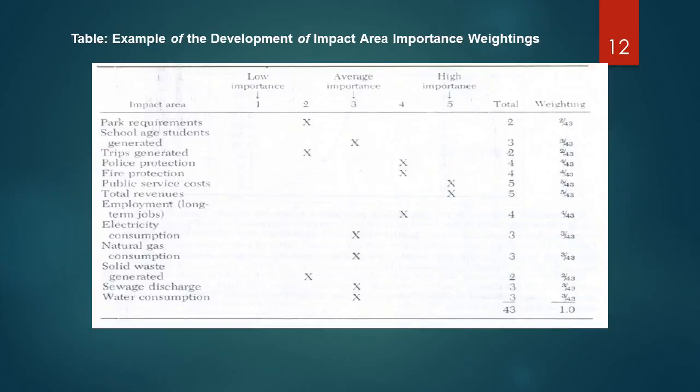The impact areas have low importance, average importance or high importance, and include park requirements, school age students generated, trips generated, police protection, fire protection, public service cost, total revenues, employment, electricity consumption and natural gas consumption, solid waste generated, sewage discharge, and water consumption.